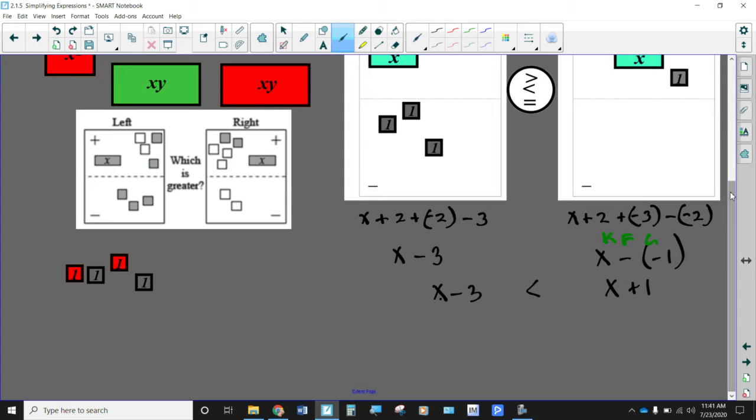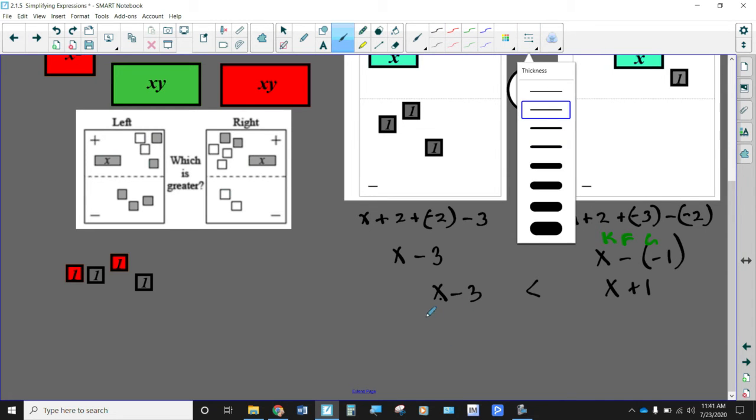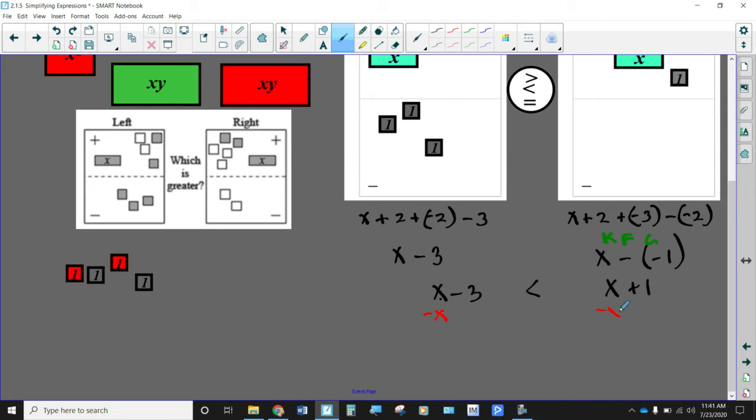Now, what you may recall from last year is, could we do this? Is it legal to take away an x from each side? Remember, we called that last year, if this was removing zeros up here, we called this removing the balanced sets, which I called removing the BS, right?